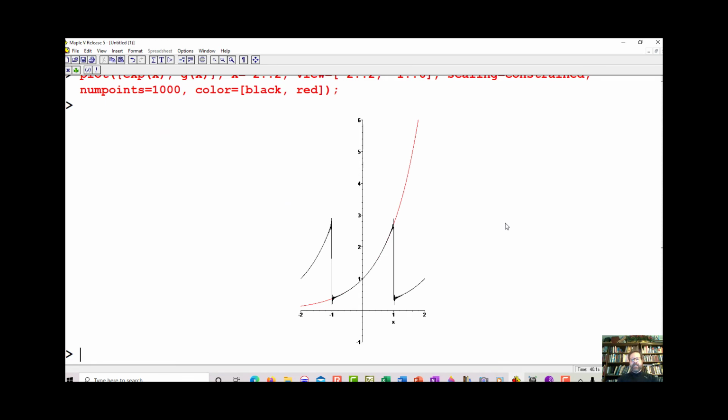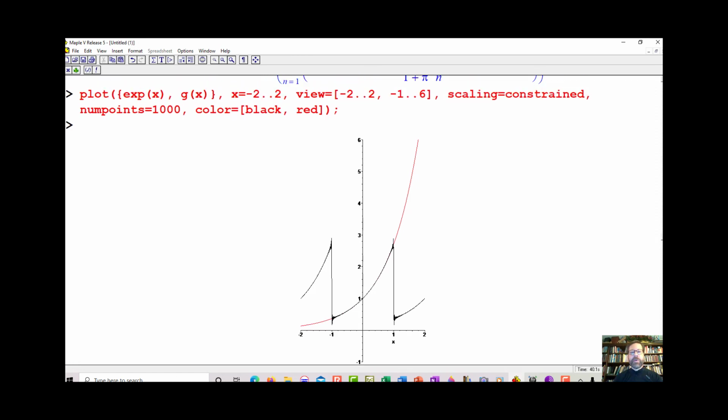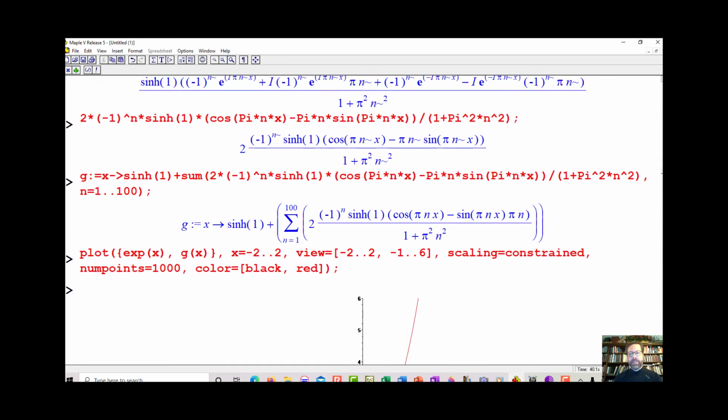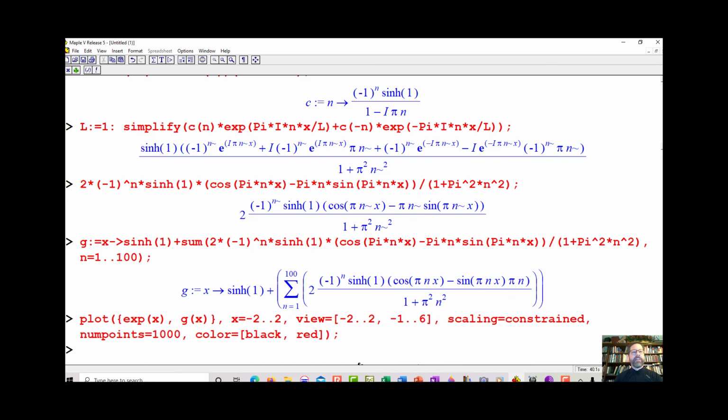You can see that the approximation is only good between -1 and 1. If you go outside of that interval, you end up with the function repeating itself. And that's because we are defining this using these sinusoidal functions, sine and cosine, and it's going to repeat itself one way or the other.